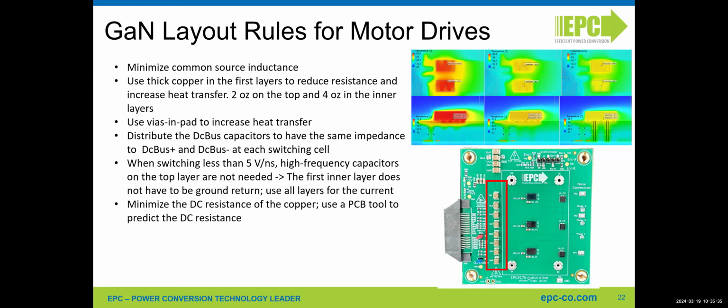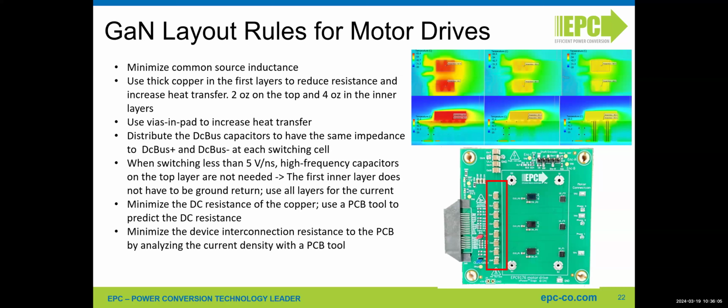For instance, we use Altium software, and within Altium there is the Keysight PowerTool analyzer, which is a part that you have to purchase. It's a kind of third-party software that you can plug in. It's a plugin you have to purchase for Altium. Then it helps you analyze your PCB and tells you where the bottlenecks are, where the DC resistance is bigger, so that you can minimize it.